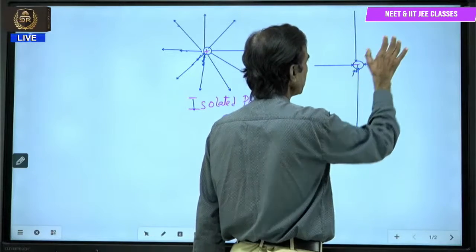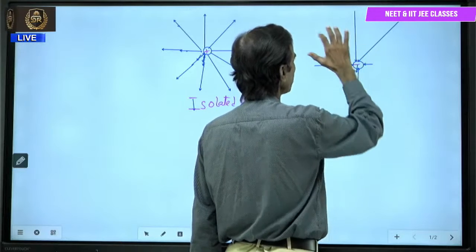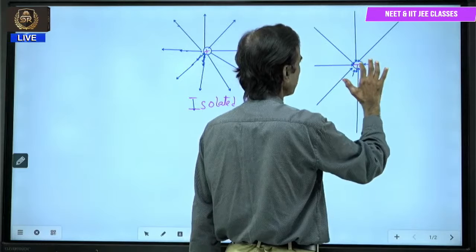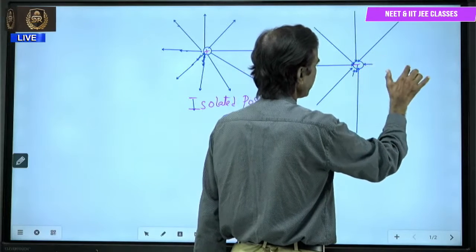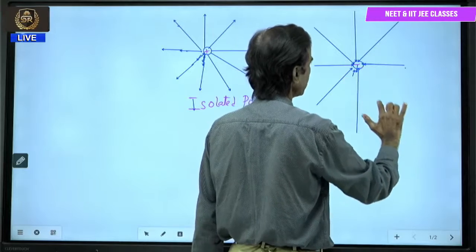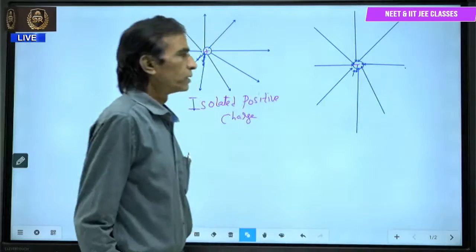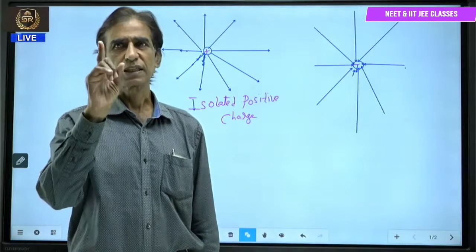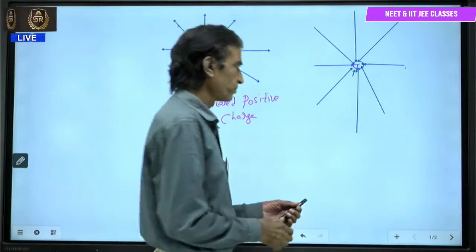Everywhere they will be towards the negative charge, like this. So that is the electric field line for a negative charge which is alone, that is isolated.